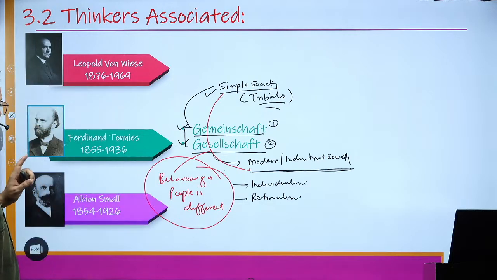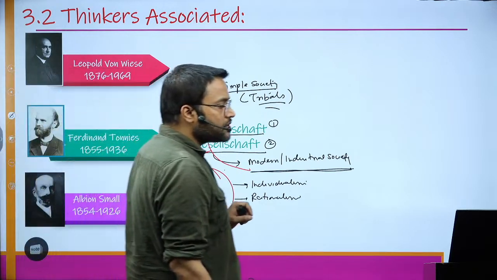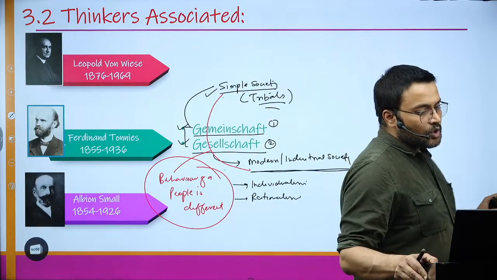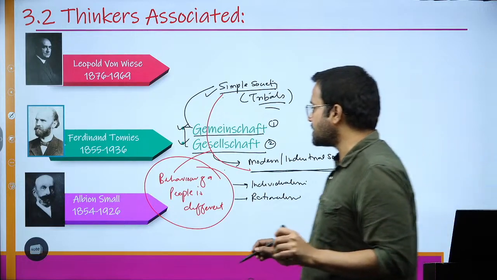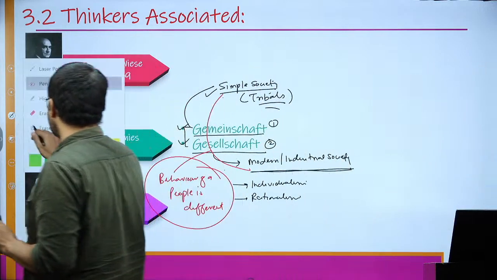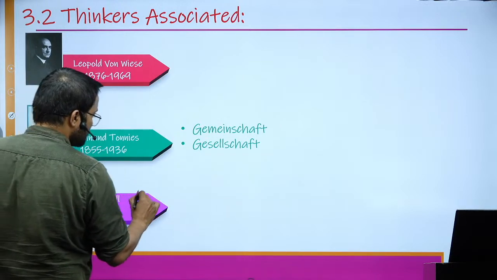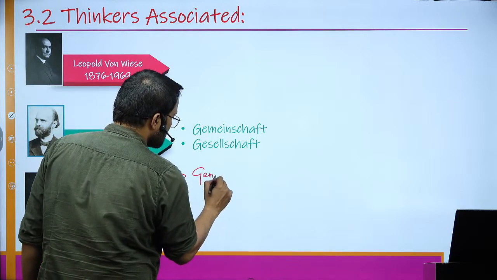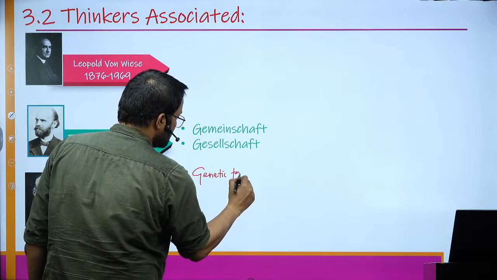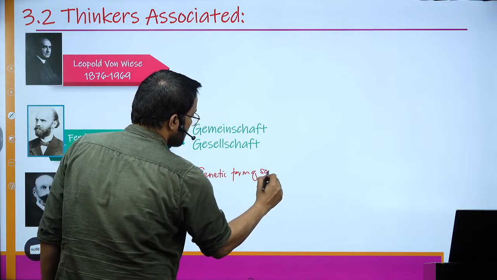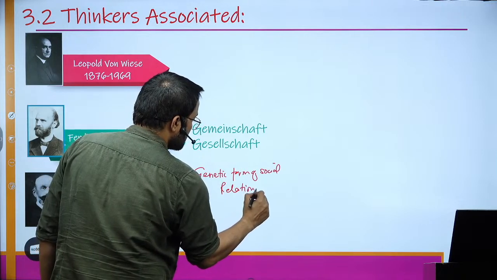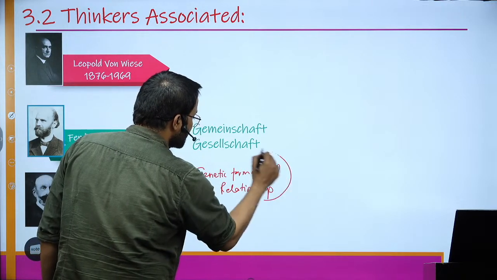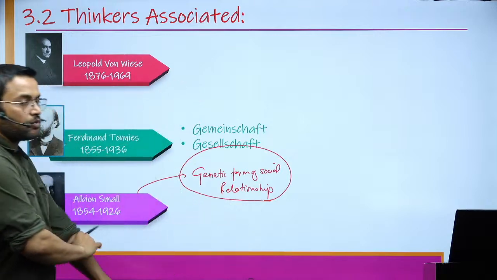Then comes Albion Small. Albion Small used a word where he said that overall there is a genetic form of social relationship. When you talk about the genetic form of social relationship, it means what?